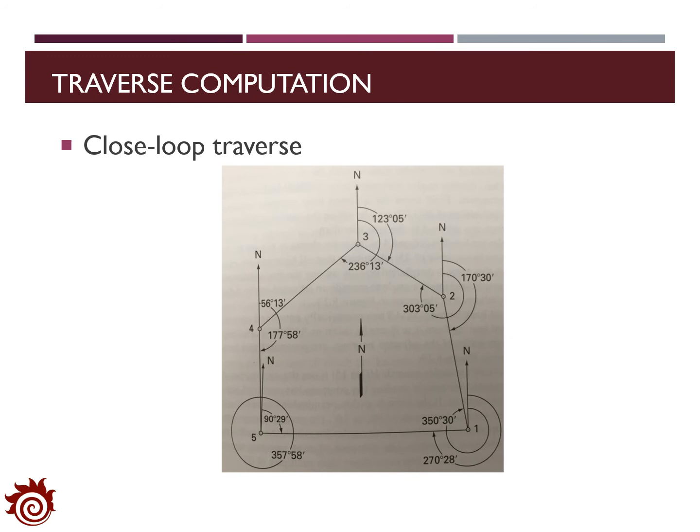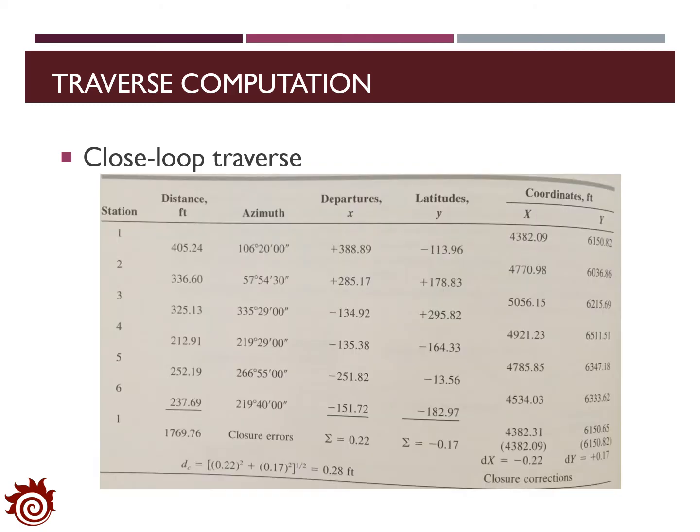The computation can also be applied for closed loop traverse. The figure here shows one example about the closed loop traverse with azimuths, which means that we will estimate the distance of each side as well as the forward and backward azimuths of each side. This table summarizes the results from the closed loop traverse and the computation.